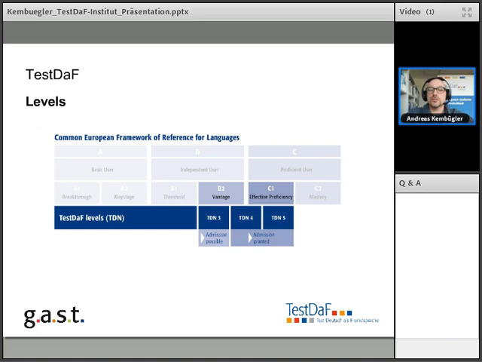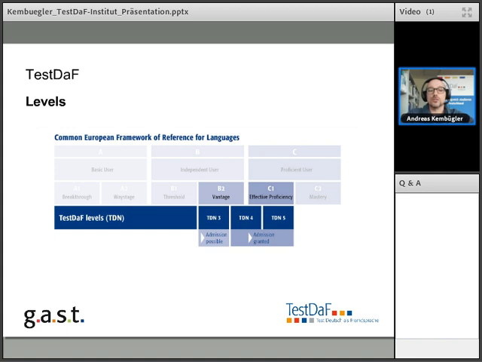The universities in Germany generally require the TestDaf level 4 in each test part. So you don't have to show the highest level, but the level 4 will be sufficient for most of the universities. Perhaps you remember what was said before, that there are a lot of universities of applied sciences in Germany.